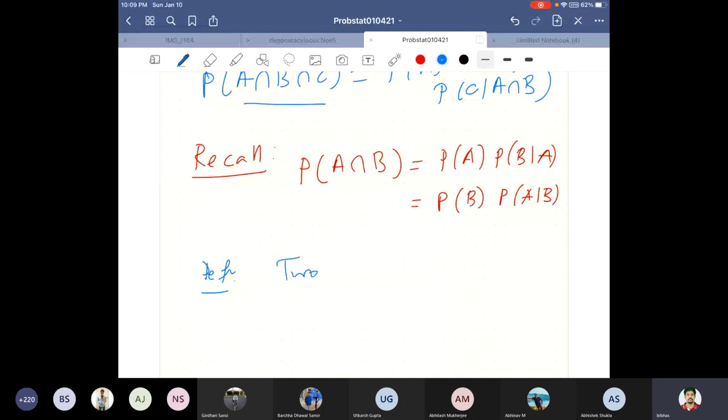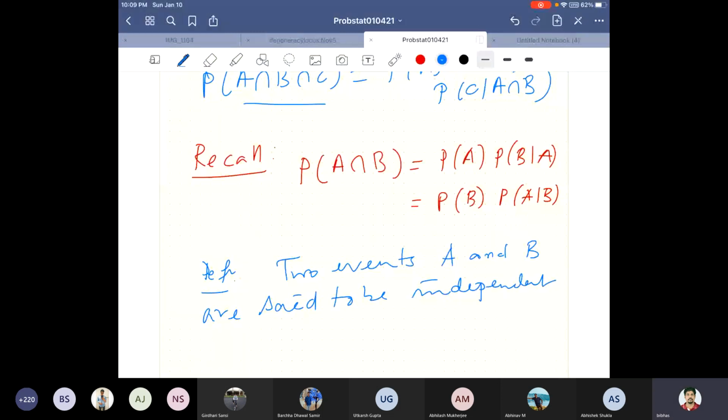Two events, A and B, are said to be independent if probability of A intersection B is equal to probability of A times probability of B.